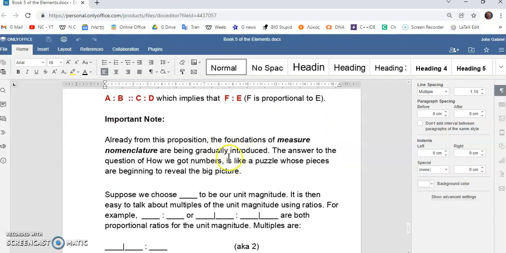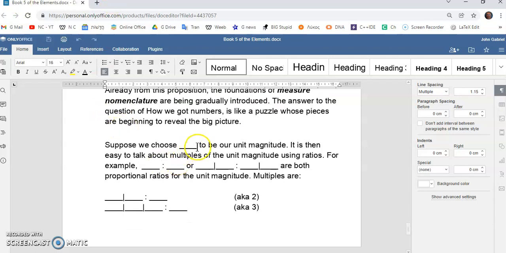So from this proposition, the foundations of measure nomenclature are being gradually introduced. The answer to the question of how we got numbers is like a puzzle whose pieces are beginning to reveal the big picture. So suppose we choose this line length to be our unit magnitude. It is then easy to talk about multitudes of the unit magnitude using ratios.